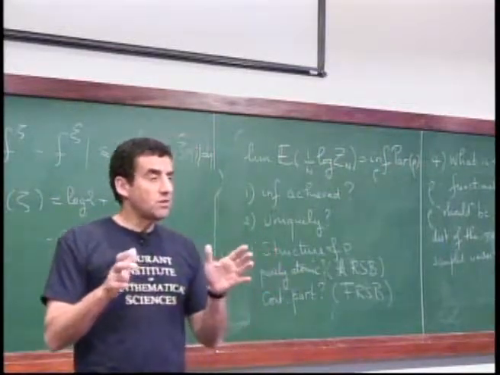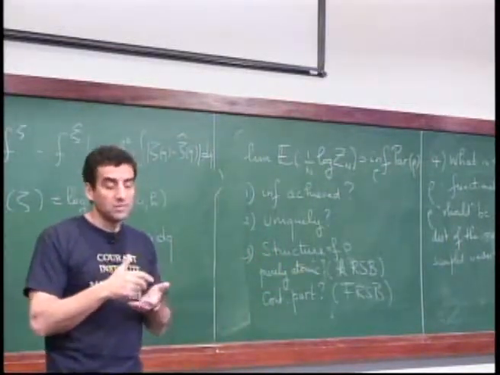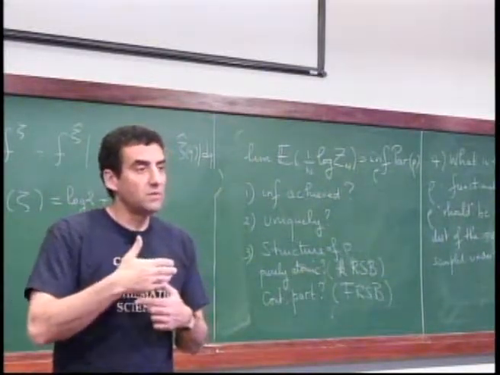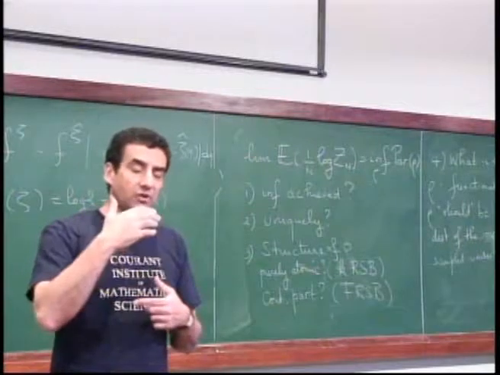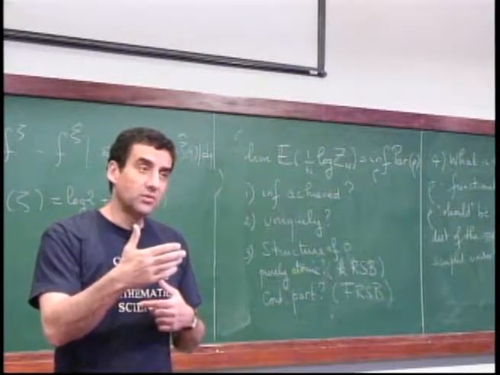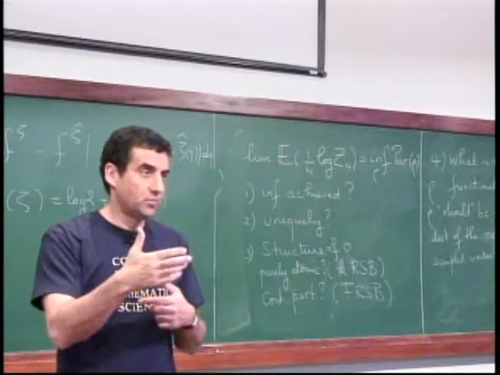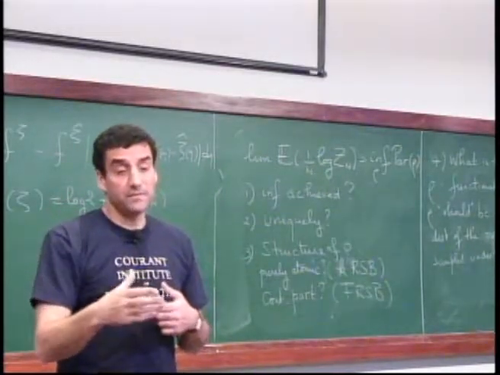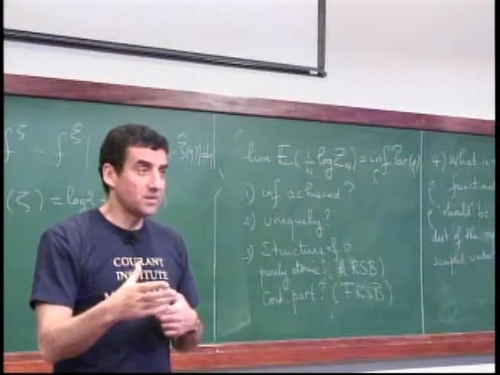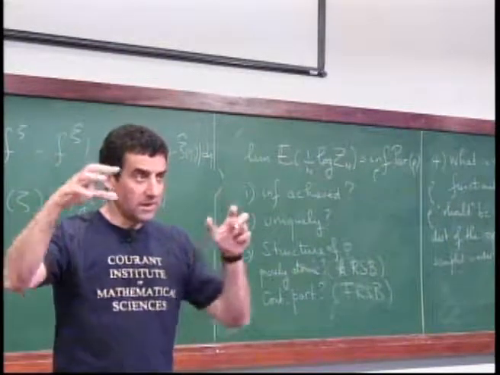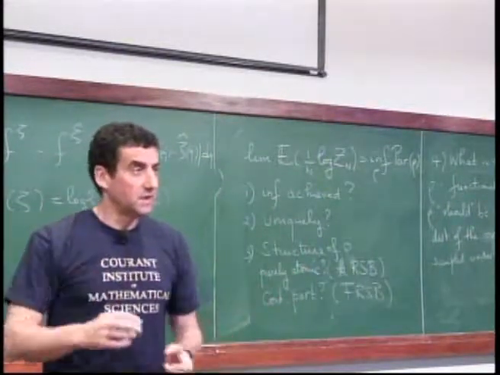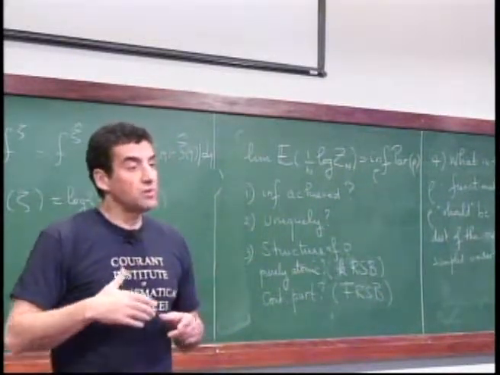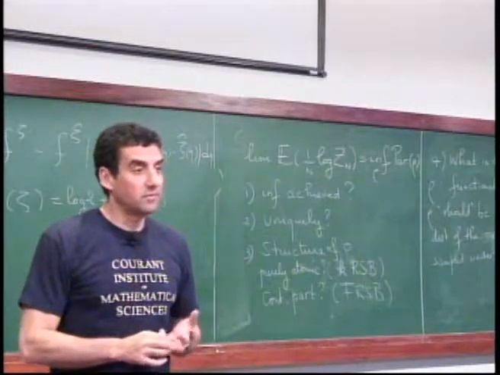If you take p larger than 3, you have a high temperature region, then when temperature goes lower, you would get to a region in temperature, and this is proved in part by Talagrand himself, where you have one-step replica symmetry breaking, so this decomposition of the support in lumps. And then if you go even lower in temperature, you're supposed to have full replica symmetry breaking.